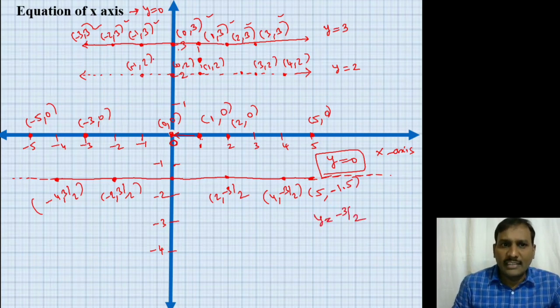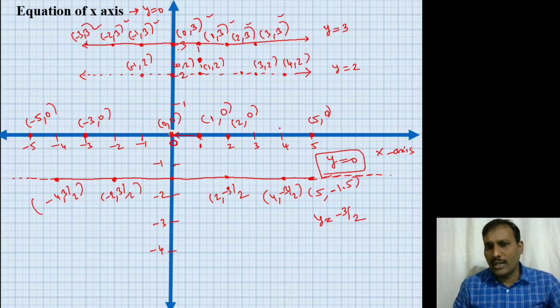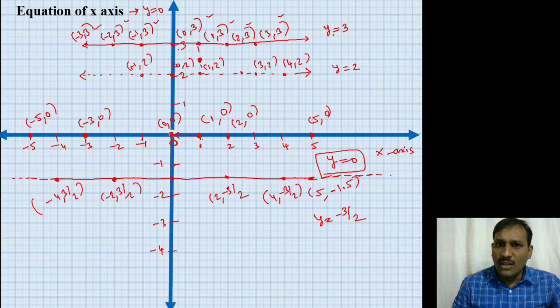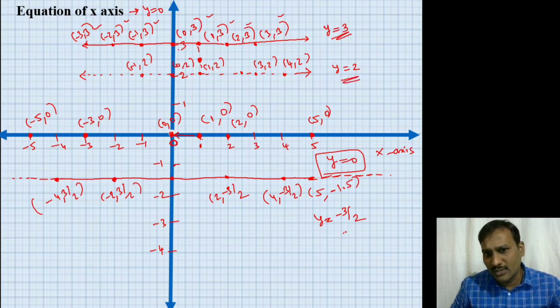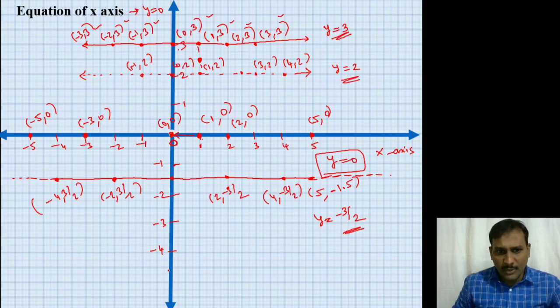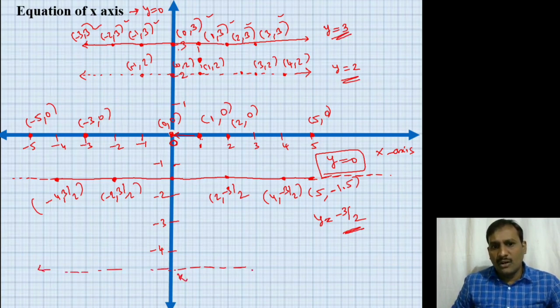Now I have taken 3 lines here. If you observe, all these lines are parallel to x-axis. Now what are the equations of those lines? y is equal to 3, y is equal to 2, y is equal to minus 3 by 2. So suppose here is a value k, and the line is parallel to x-axis.